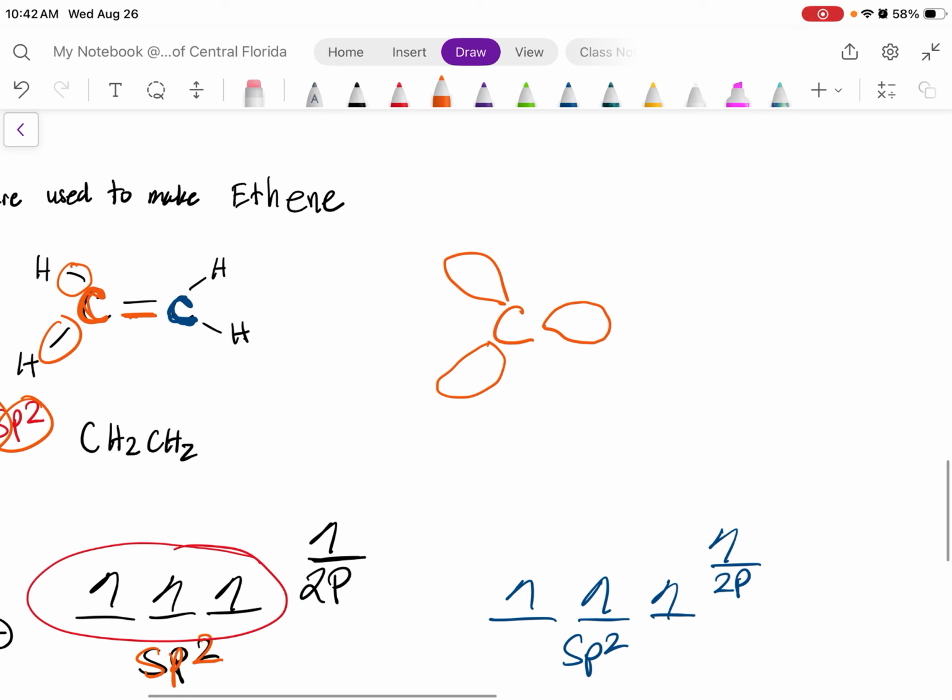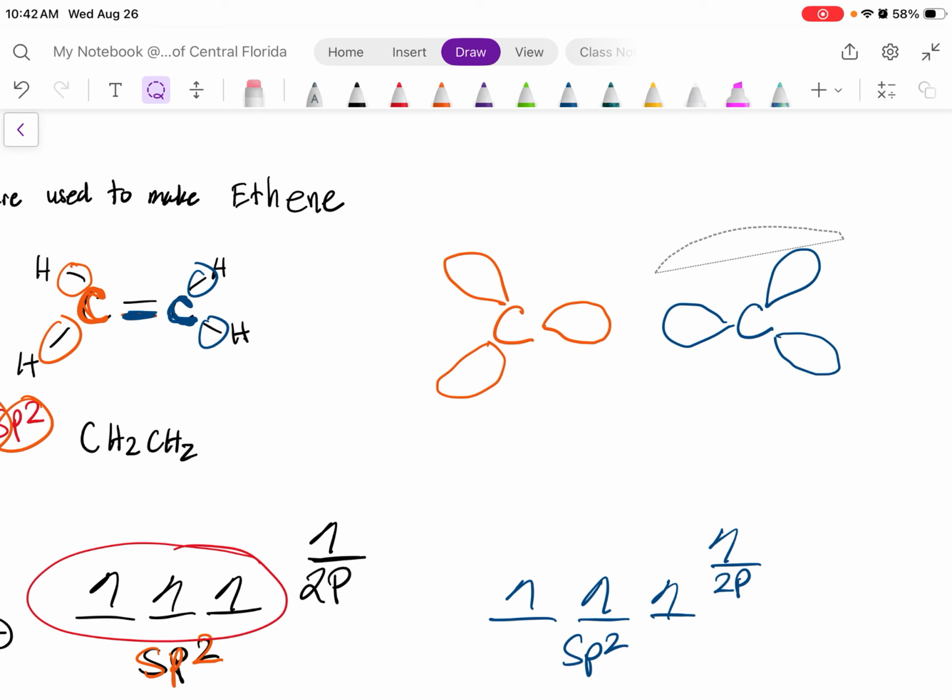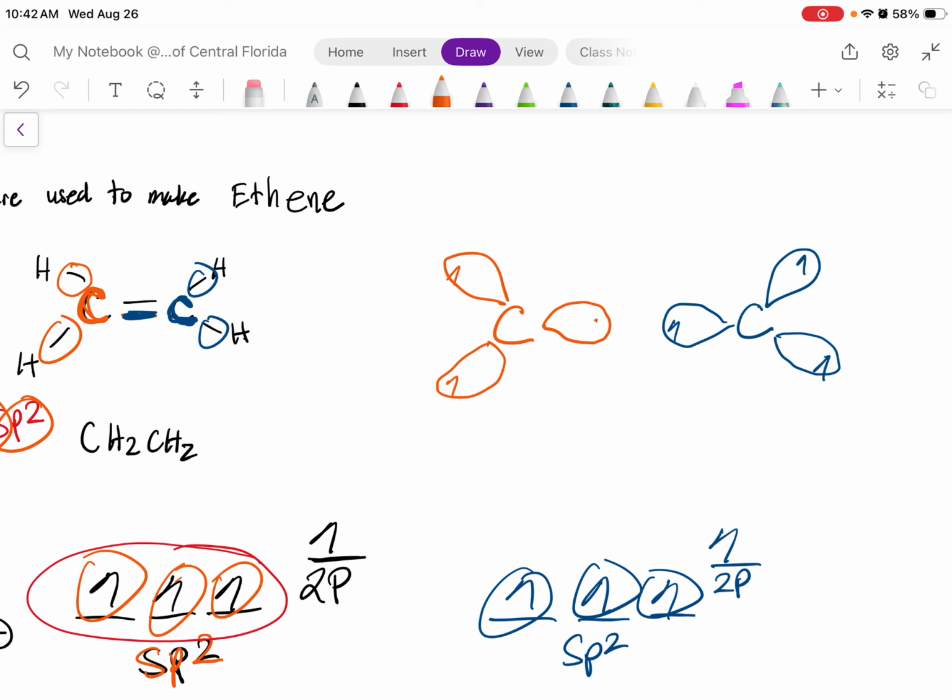Okay? Now, if we do the same thing for the blue carbon, let's draw our blue carbon. It's going to have this one, and then right there, like this. And now what I'm going to do is just take these guys and, well, let's finish it off here. So this one, boom, this one, boom, this one, boom. For the orange, like that, okay? And I'm going to draw it like that because of certain rules about electrons.